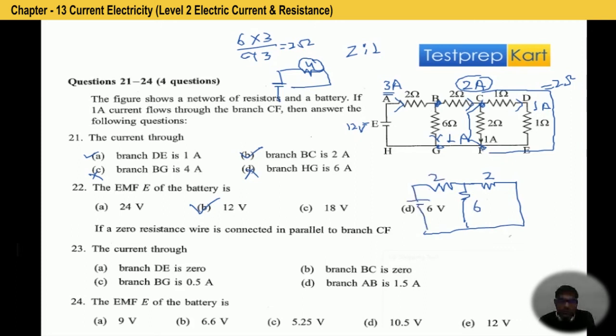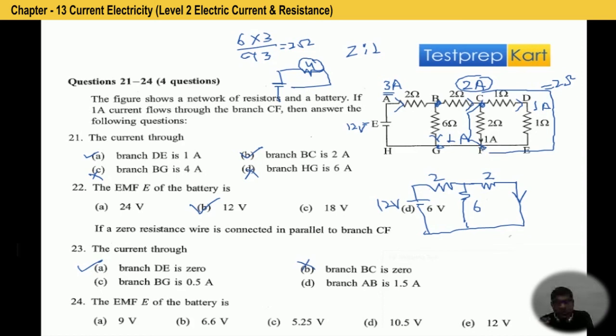Now this is a 12 volt battery. So now we can check in this question that the current through branch DE is 0, right? Because total current will pass through this short circuit. So this option is correct. Branch BC is 0. It is not correct, because if you connect something in parallel, then it will affect.